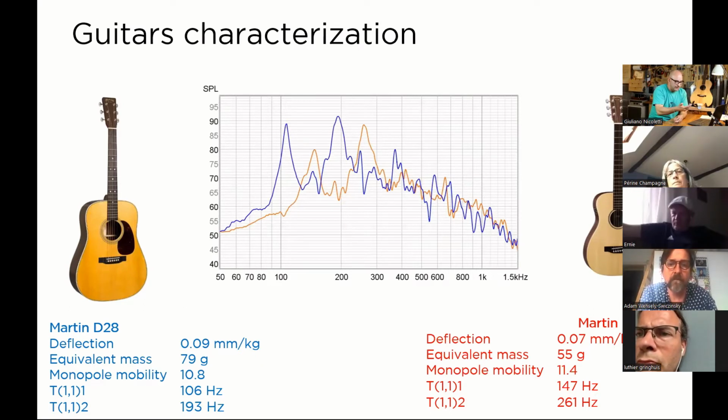The acoustic sound of the small Martin is very poor. And I guess this has several reasons. The first reason is this is a travel guitar and it has to be strong. It has to be built that way because it is meant to be traveling with you. The second reason is that this guitar will be used very often with the preamplified output.